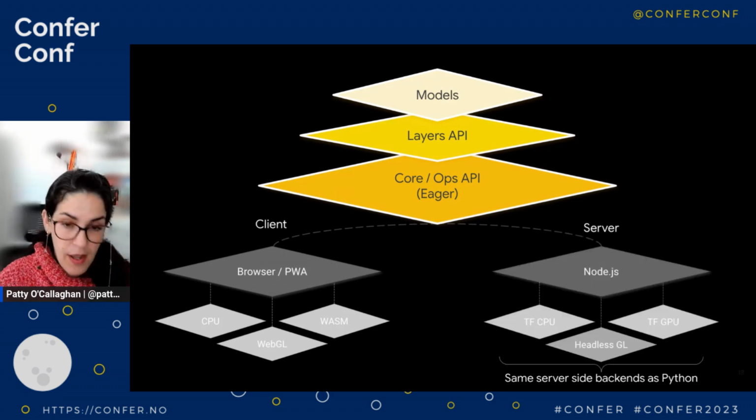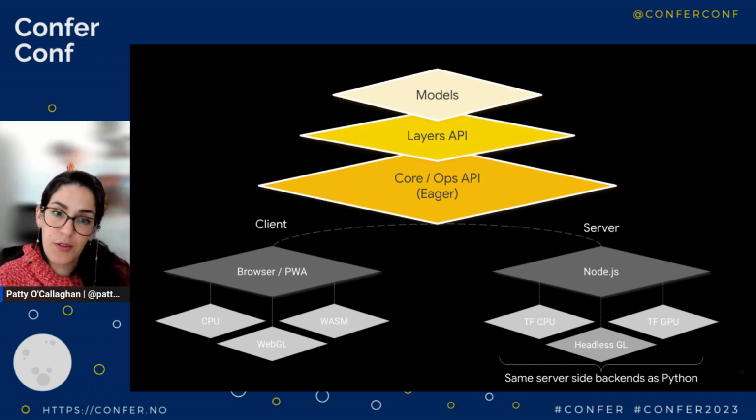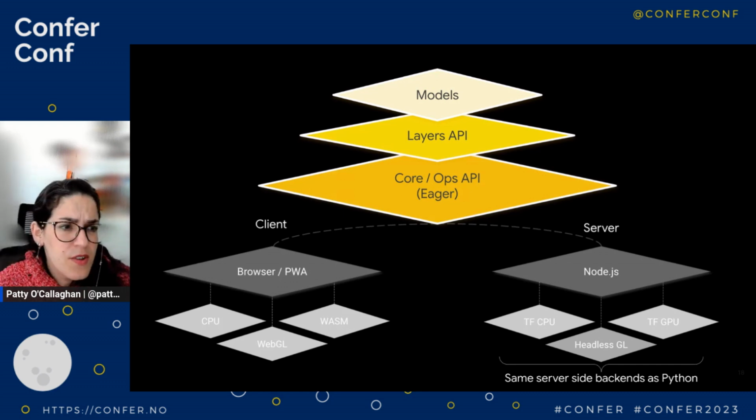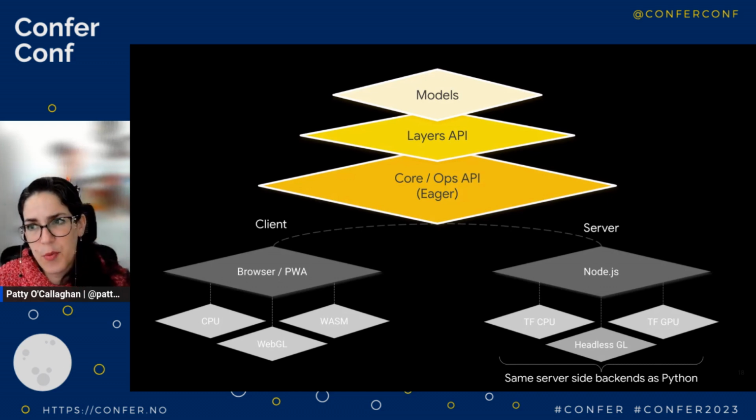Okay, and now from the server side, like I have been telling you, we can use Node.js. And just to let us know how this is done, it actually has two backends that it can support: the TensorFlow CPU and the GPU. All that maybe you need to know here is that these are written in C++, and actually they are the same backends that TensorFlow Python uses.